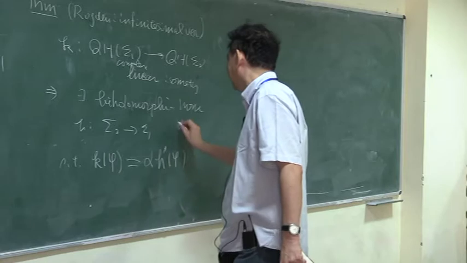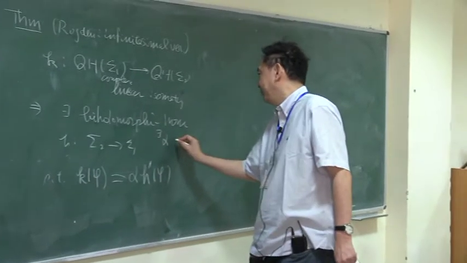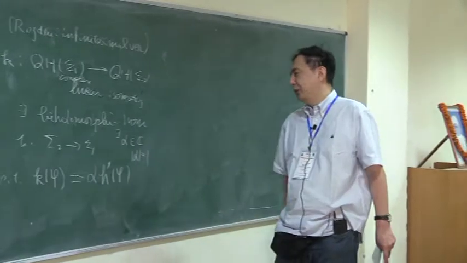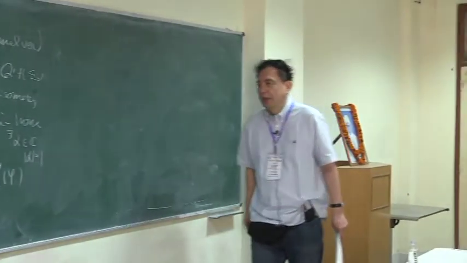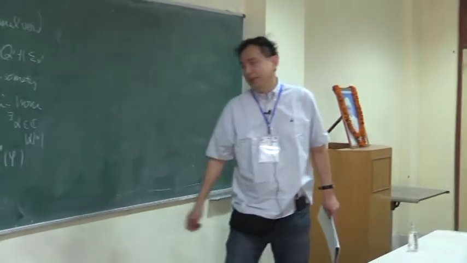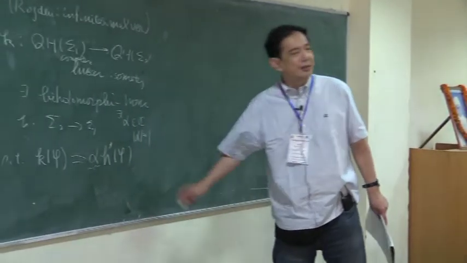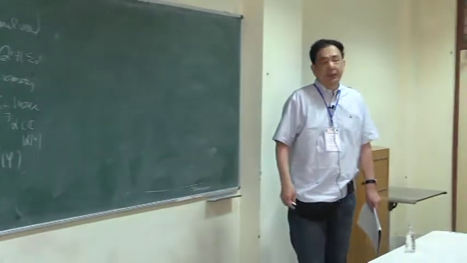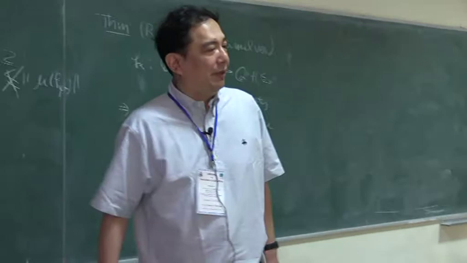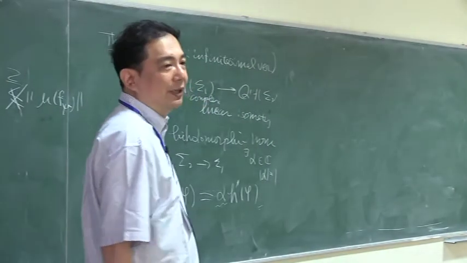And the constant is a complex number with absolute value 1. I forgot to put this yesterday, but the statement should be like this. Okay. Right? Any question? Is it okay?